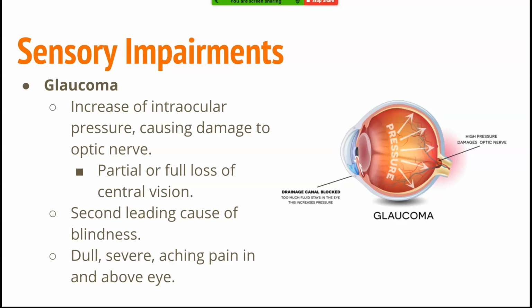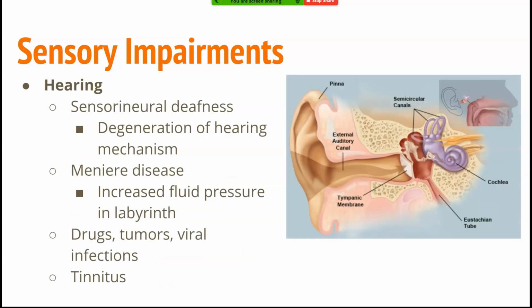There are two types: narrow angle and wide angle glaucoma. Glaucoma in general does present some concerns regarding some medications that it is a contraindication for, but in the grand scheme of emergency medicine in the field, you're not necessarily going to withhold a life-saving medication just because the patient has glaucoma.